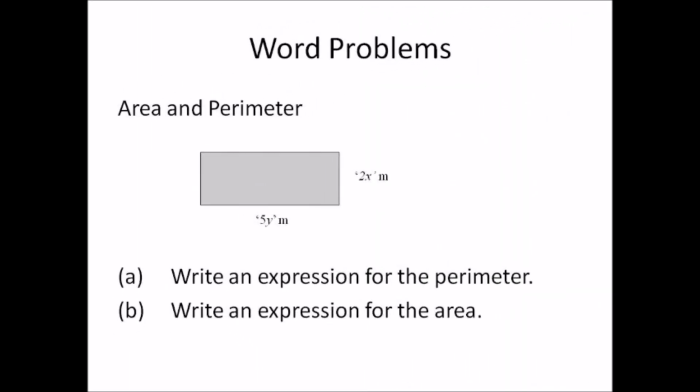And we get on to the word problem, area and perimeter. Now the length is 5y and the width is 2x, and all in meters. Write an expression for the perimeter and write an expression for the area.